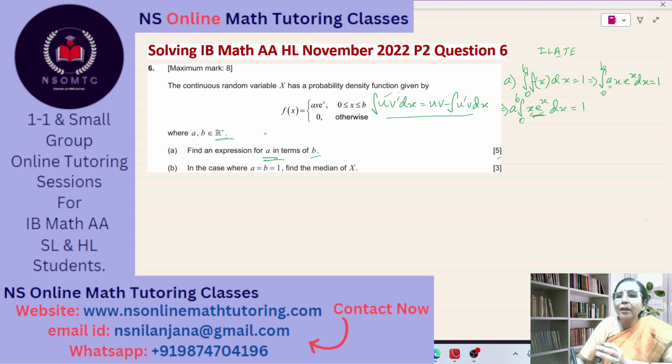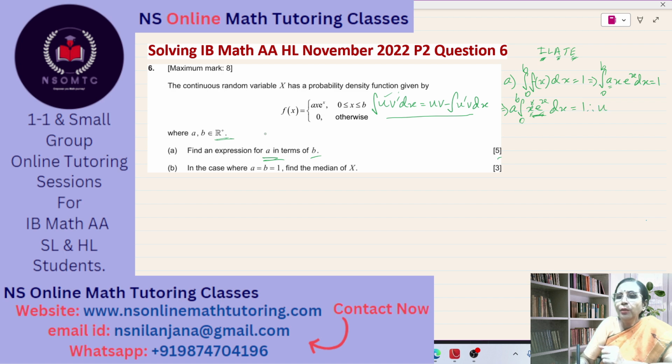In ILATE, I enjoys the highest priority and E enjoys the lowest priority. So x, the algebraic function, has a higher priority than e to the power of x, which is an exponential function. Therefore, x should be taken as u, the first function.